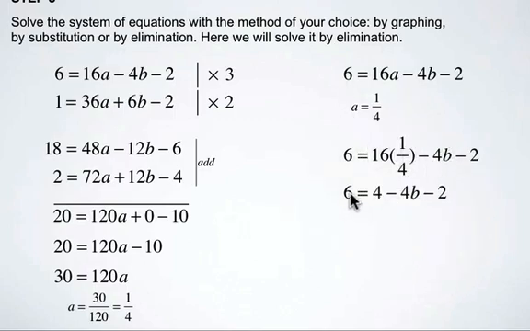So we have 6 equals 4, because 16 times 1/4 is 4, minus 4b minus 2. So we have 6 equals 2 minus 4b, or 4 equals negative 4b. b, then, is equal to negative 1.